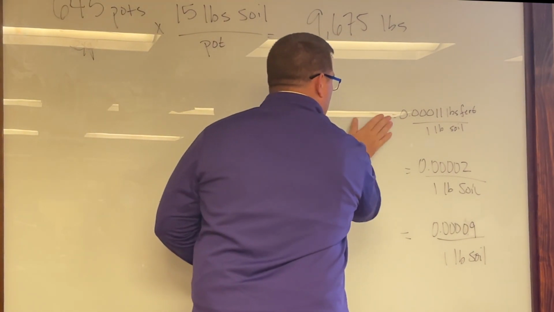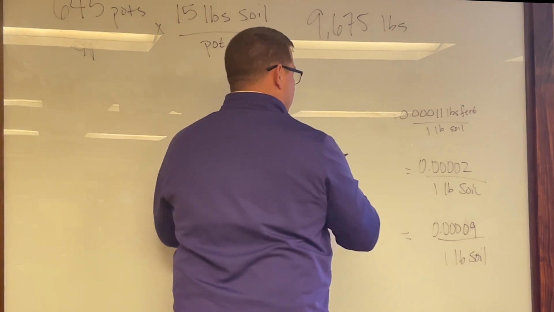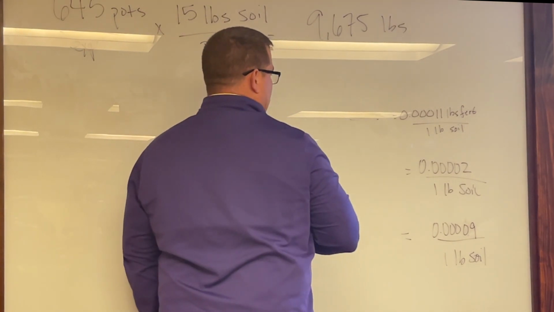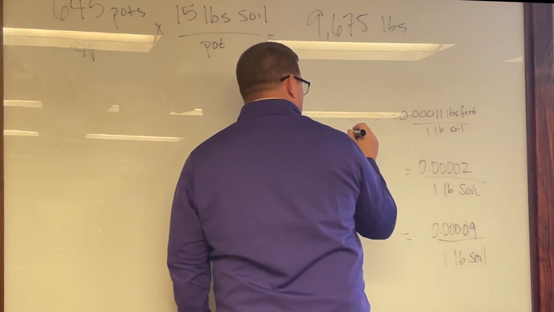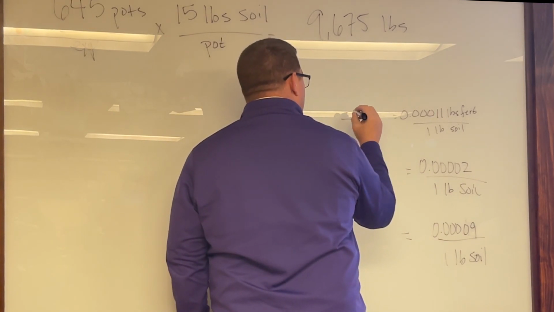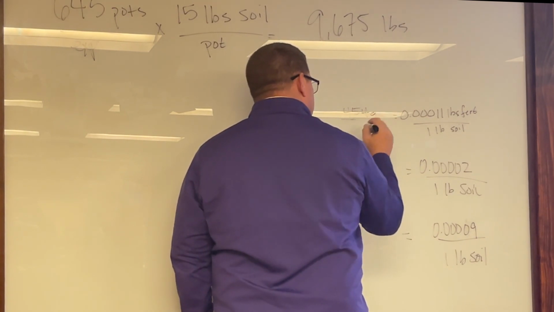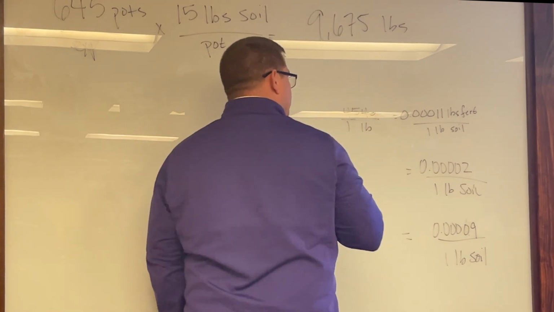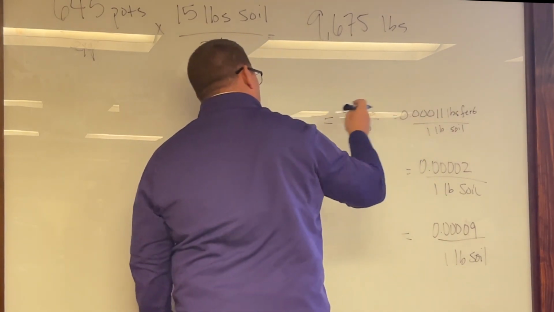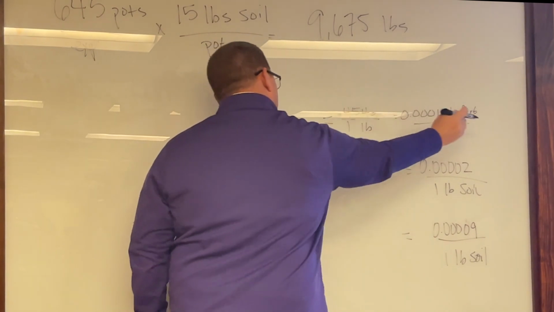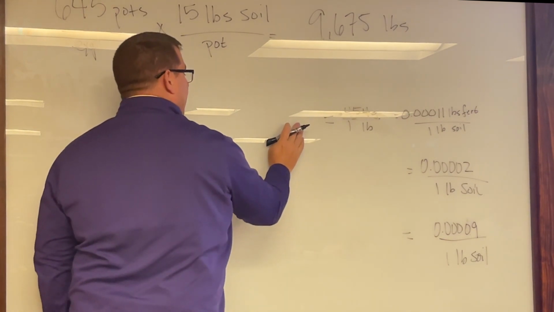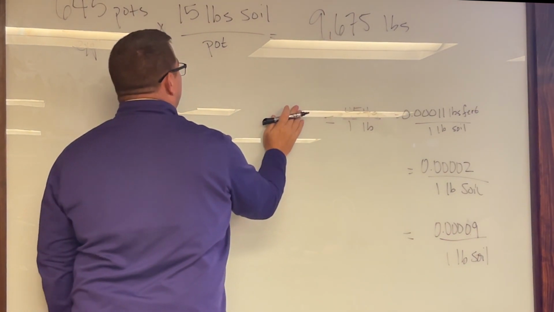Let me see if I can do it this way. We're coming backwards. That's per batch, sorry, you did the whole per batch. We know that there are 454 grams in 1 pound. Remember, I'm working from this way to this way. So how many grams of this nitrogen fertilizer do I need?